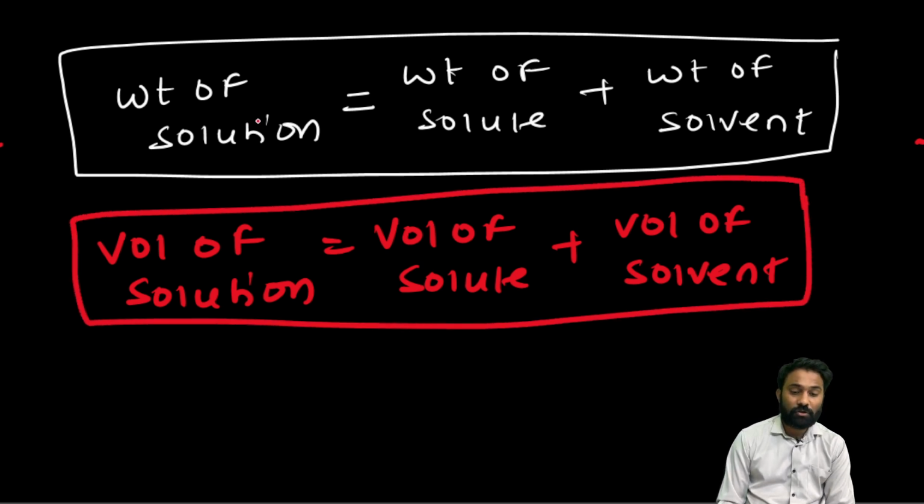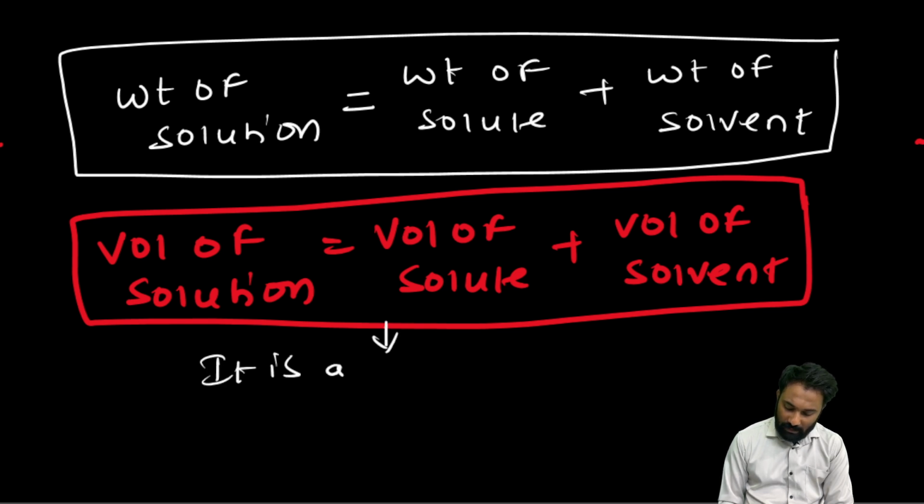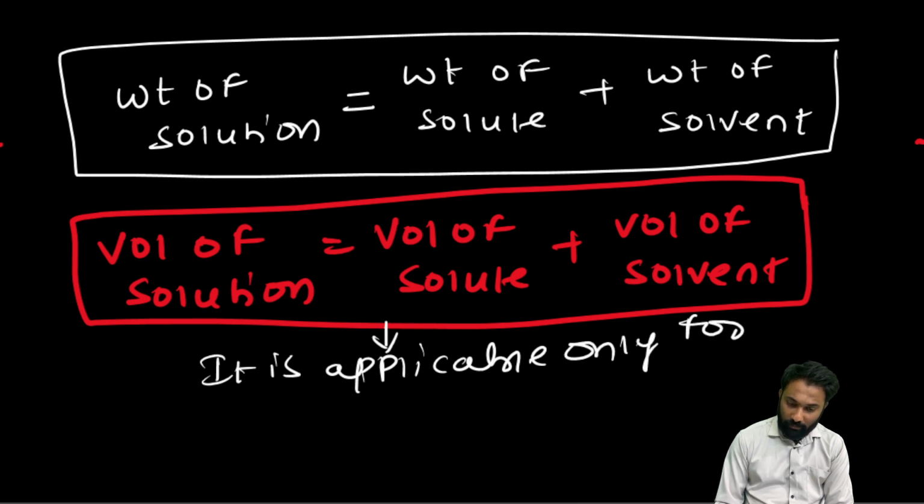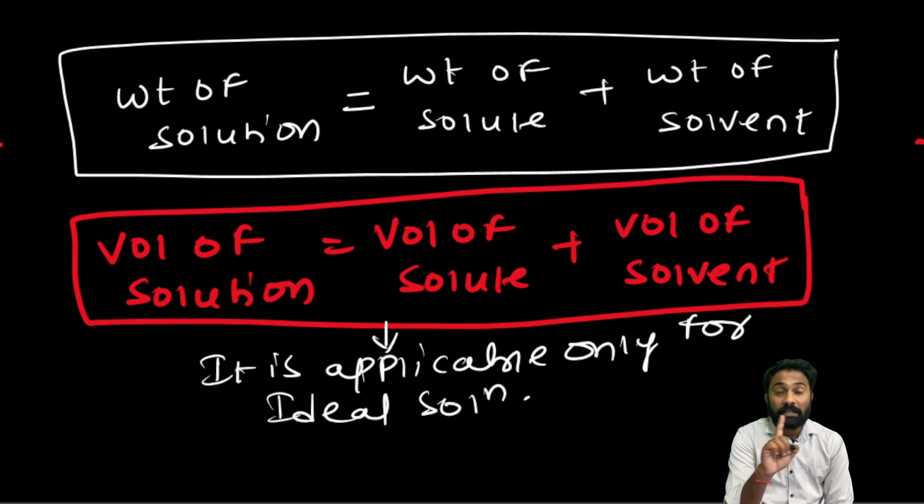Weight of the solution will be equal to weight of solute plus weight of solvent, but volume of the solution equal to volume of solute plus volume of solvent is applicable only for ideal solutions, but it is not applicable for the real solution. Why is it not applicable for the real solution?